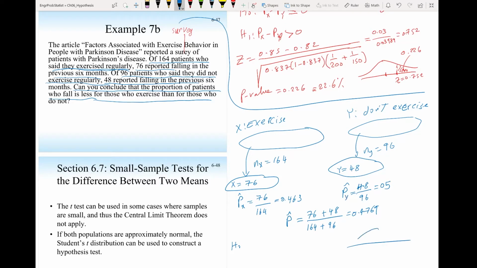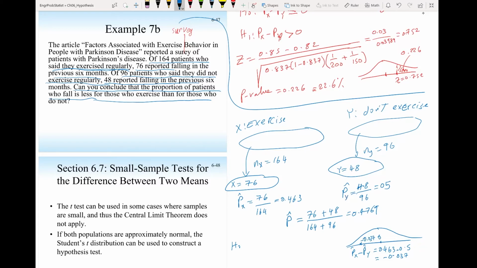Okay, so now we have to set the null hypothesis. And to set the null hypothesis, let's see what the sample says. The sample says probability of X minus probability of Y, or the proportion, is 0.463 minus 0.5. So that is minus 0.037. So if this is 0, it's somewhere here.